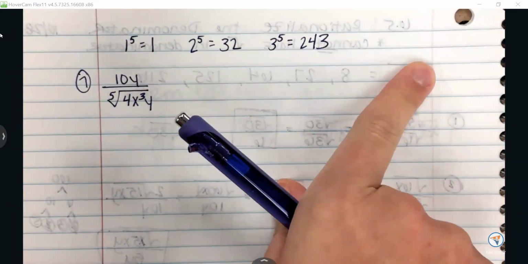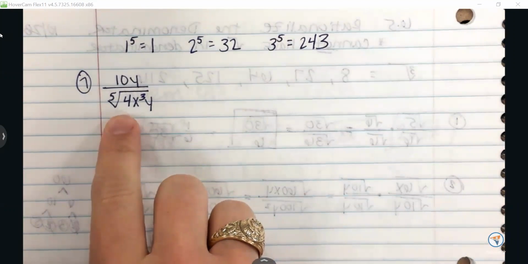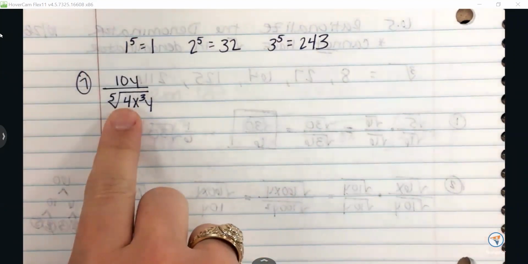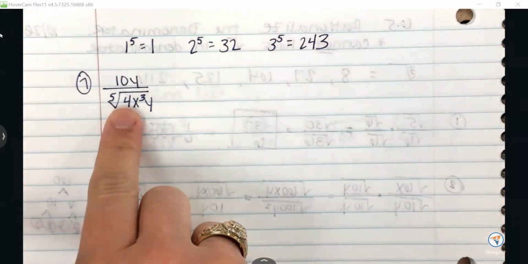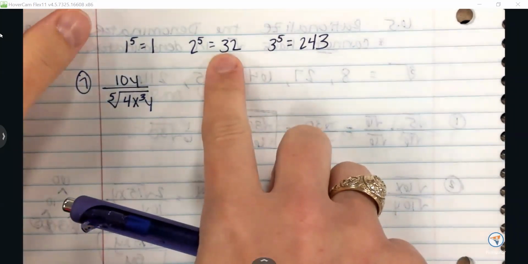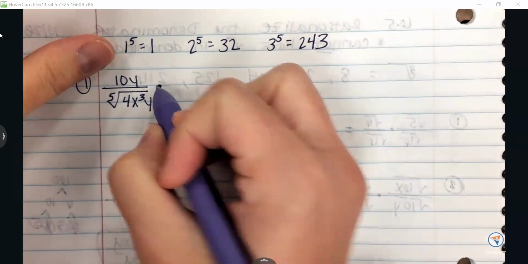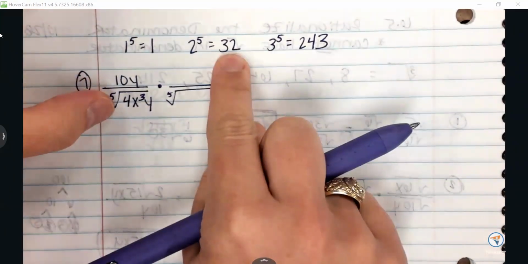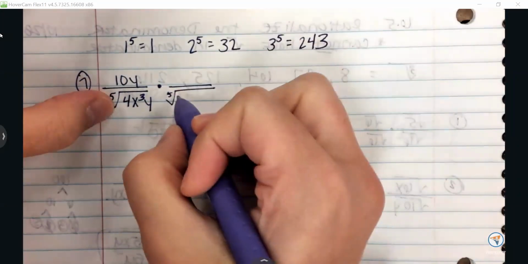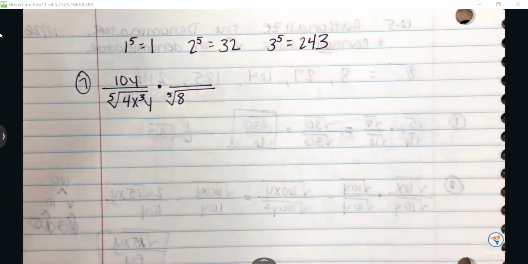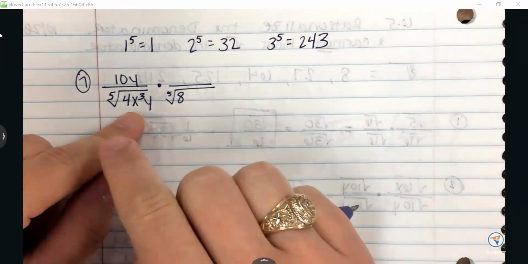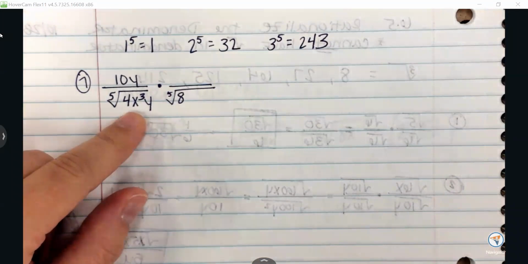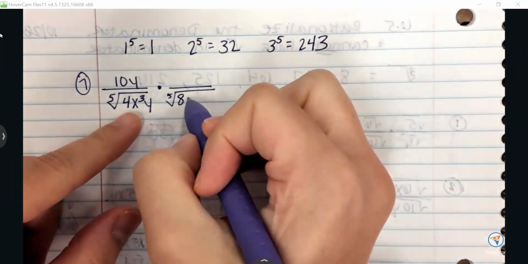Now here's what I have. I already have a 4. Can I use any of these numbers and get a 4, like multiply something by 4, right? I can get to 32. So what can I times by 4 to get to 32? 8. I have an x cubed. I have to multiply by something to get a fifth power. What am I going to have to multiply by?